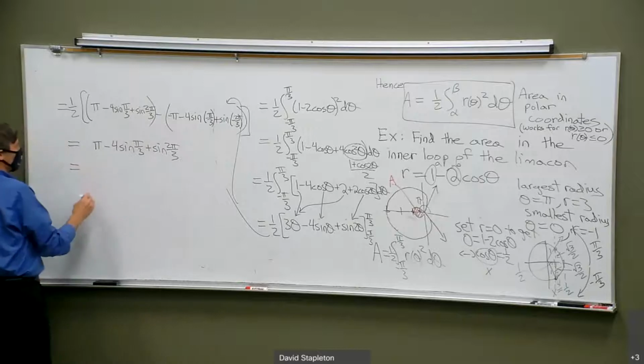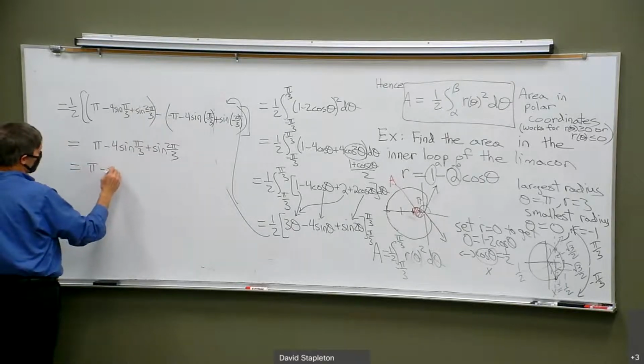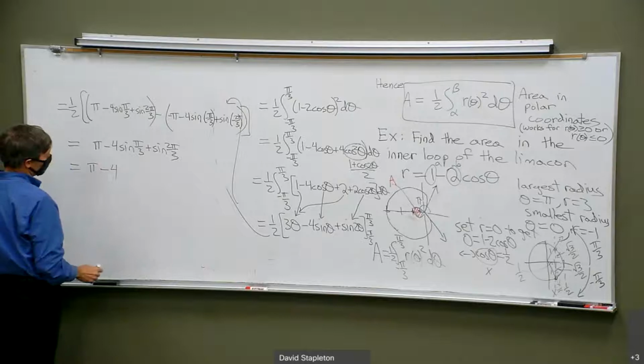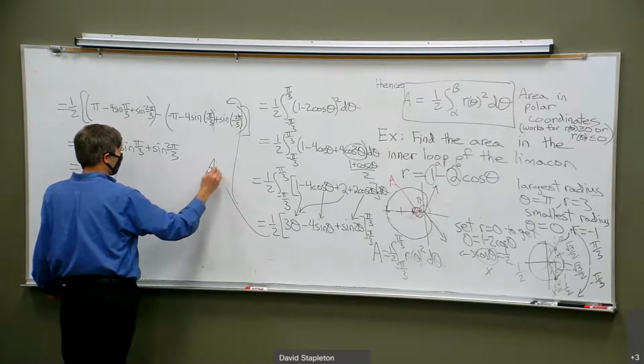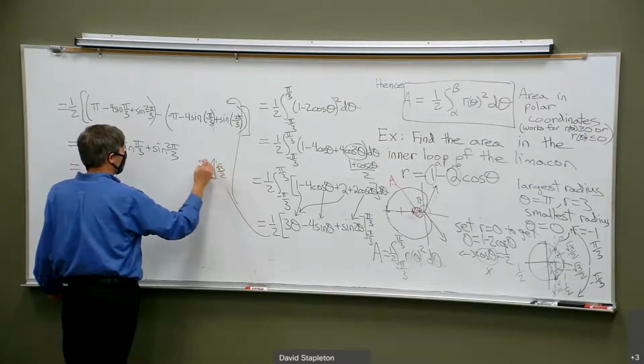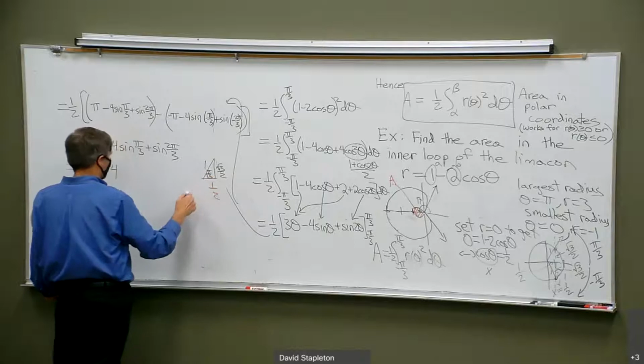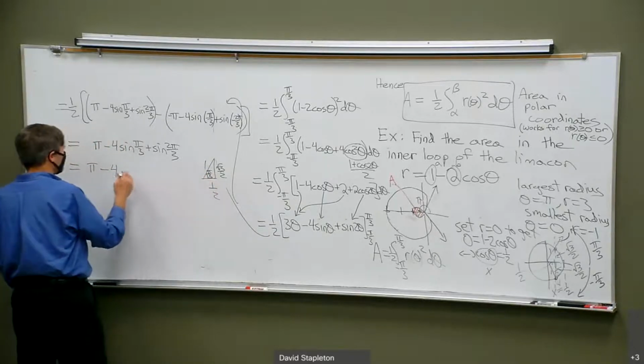All right, so this is pi minus 4 times, what's the sine of pi over 3? Again, you can look at the special triangle, pi over 3, a 60-degree angle, and say the sine is square root of 3 over 2, opposite over hypotenuse.